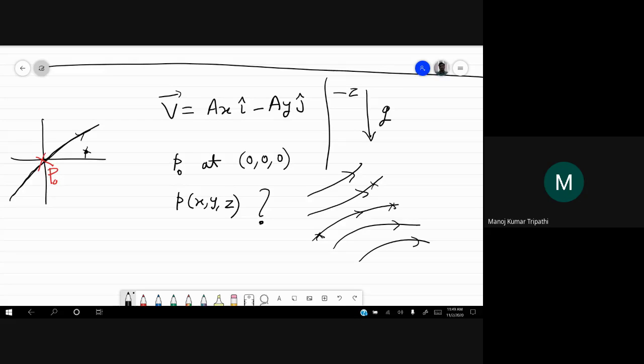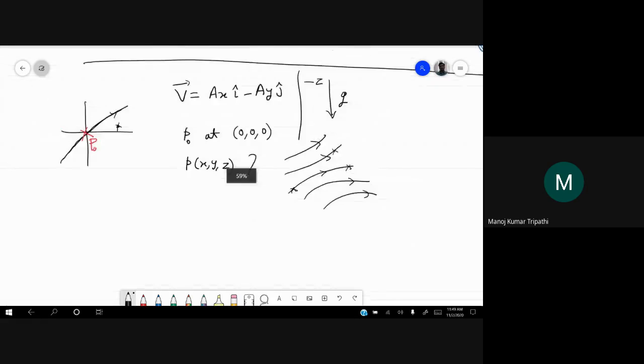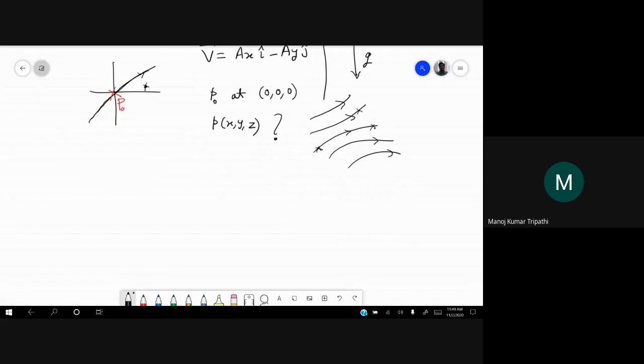Okay, let me solve this. Let me write the Navier-Stokes first.